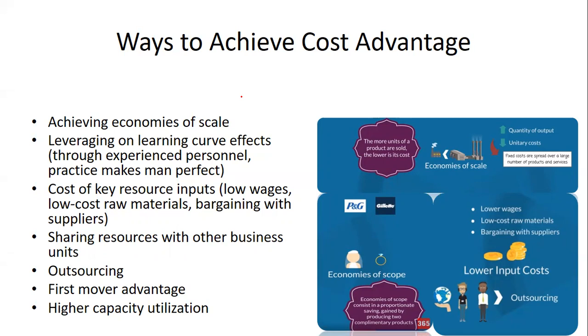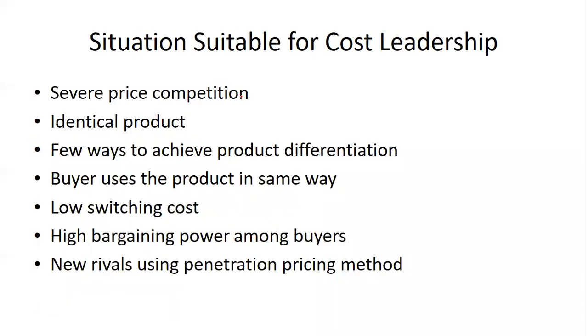So it tells about the economies of scale, the wages, raw materials, bargaining with the suppliers, lower cost input. So this can be implemented in order to achieve the cost advantage and become the cost leader. Next is, which situation is suitable for cost leadership?